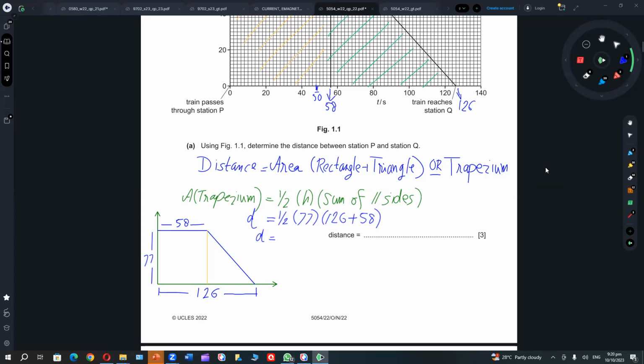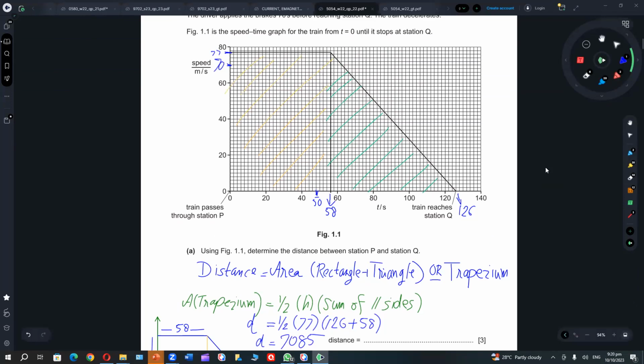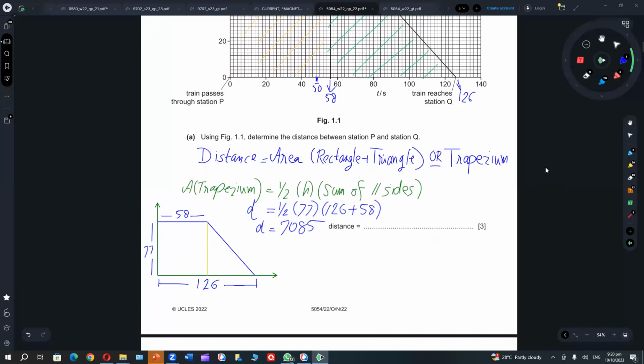I'm getting 7084. How much? 7085, but it's too big. Are you sure such a big number is coming?